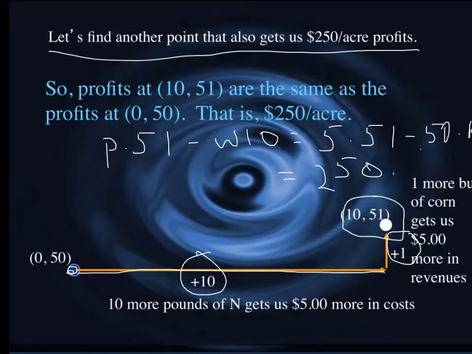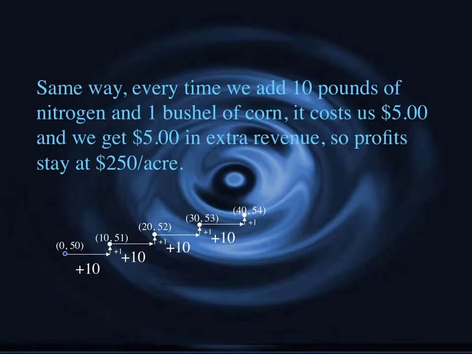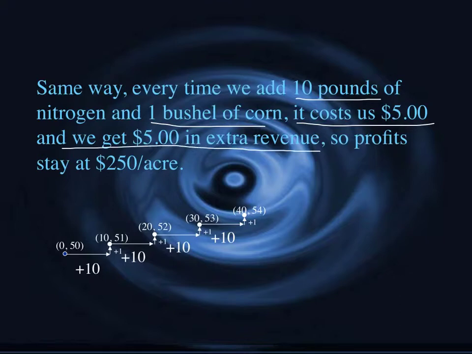So moving from (0, 50) to (10, 51) raises cost by $5 and raises revenue by $5, and therefore the profits are the same on both those points. In the same way, every time we add 10 pounds of nitrogen and 1 bushel of corn, it costs us $5 more, but we get $5 in extra revenue. So profits stay at $250 an acre.